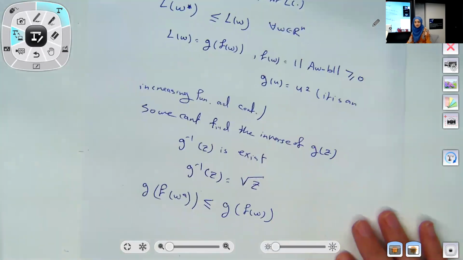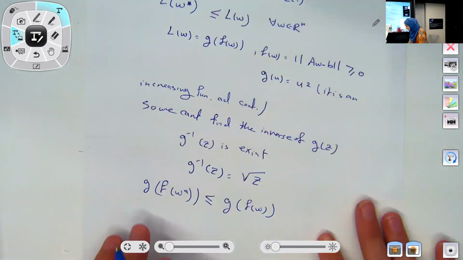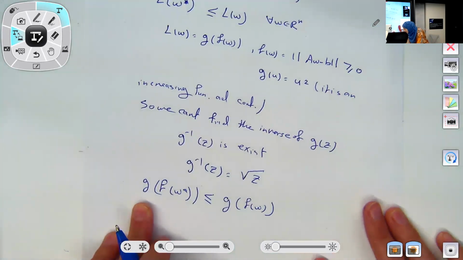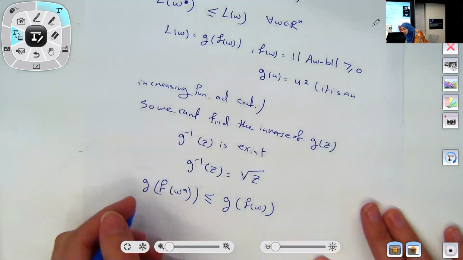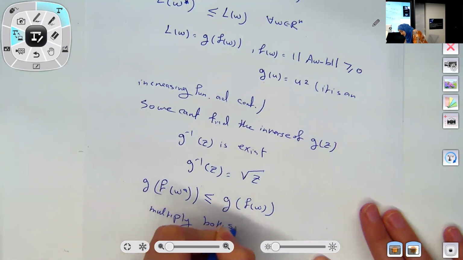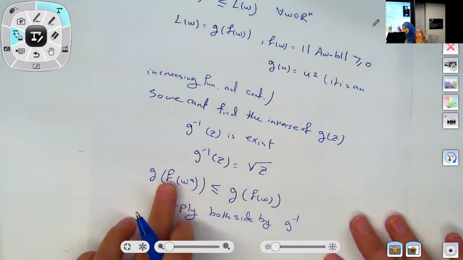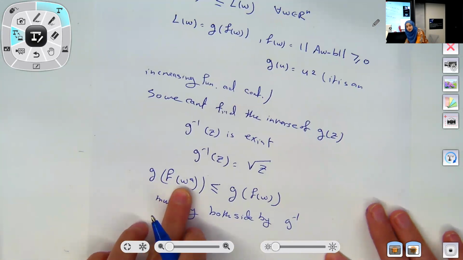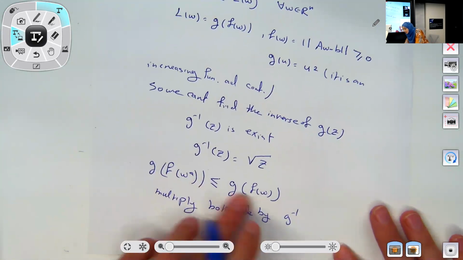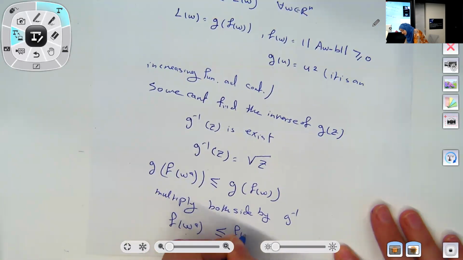And since G inverse exists, we can multiply both sides by G inverse. We then get that F of omega star is less than or equal to F of omega.